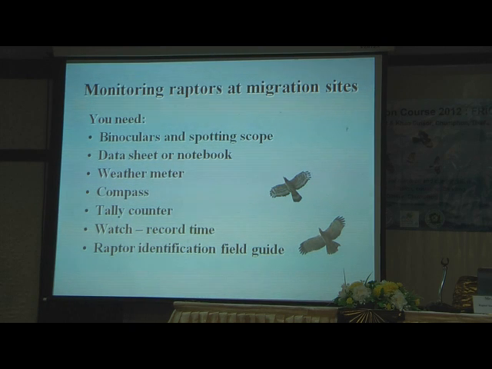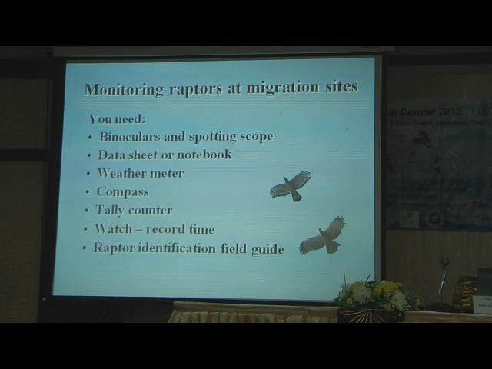Because as I said, they have to conserve energy in order to migrate, and if there's rain or a strong wind, it is risky to migrate. Compass, you need all this equipment, which doesn't cost much, because you will need to collect data on weather, and information on which direction they fly from and which direction they head to.